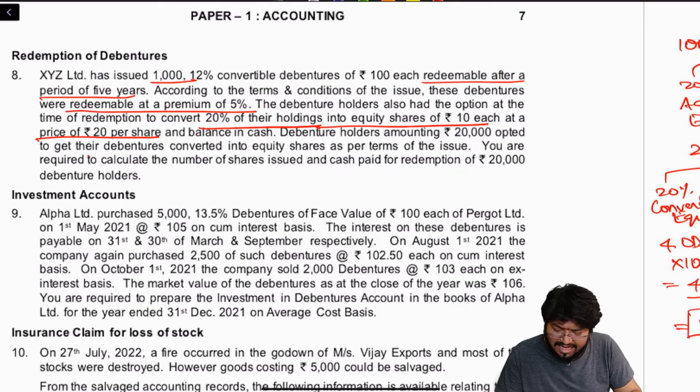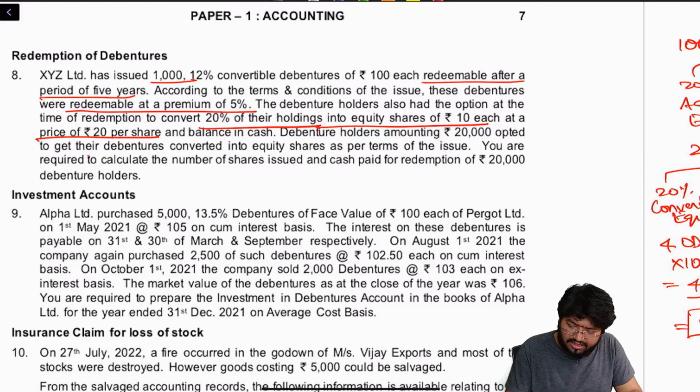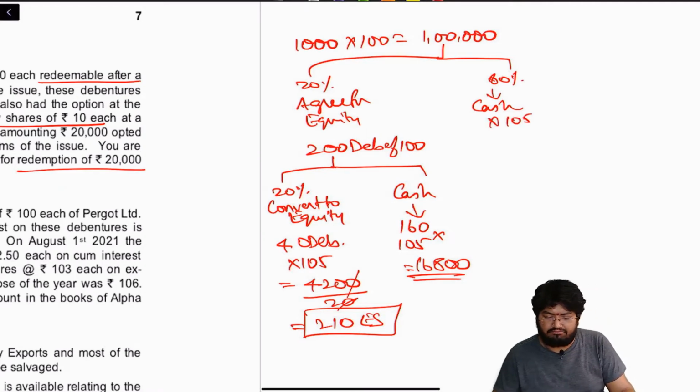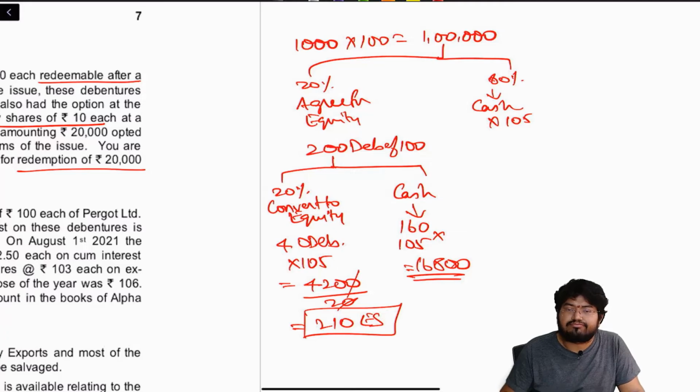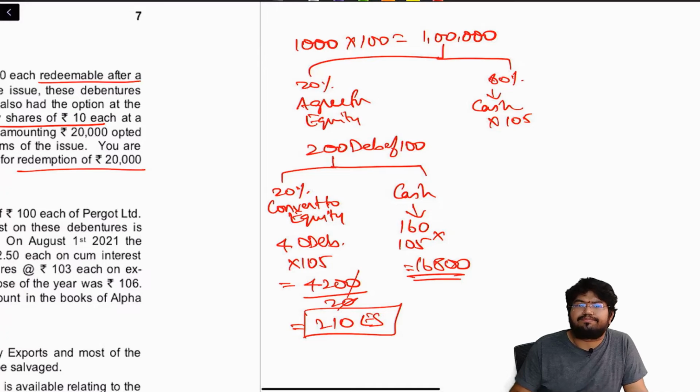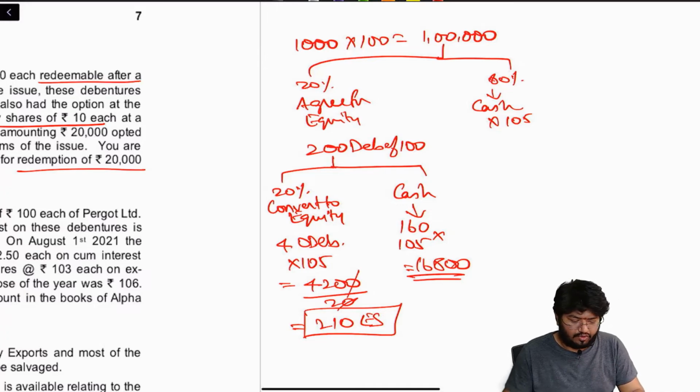Actually he has asked you to calculate only for this 20,000 debenture holders. So for remaining also, you will pay 105 rupees only per debenture. We can do that calculation separately, not part of the question, that's all. Is that clear? Can I go forward? Yes, sir. All right.